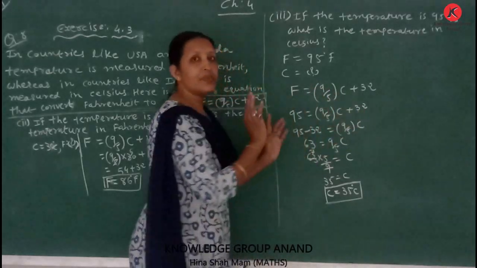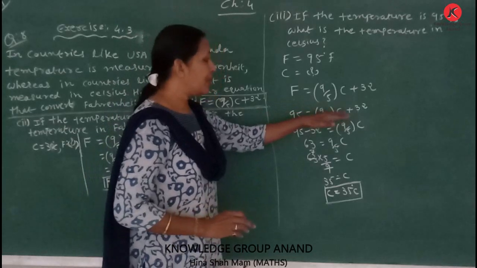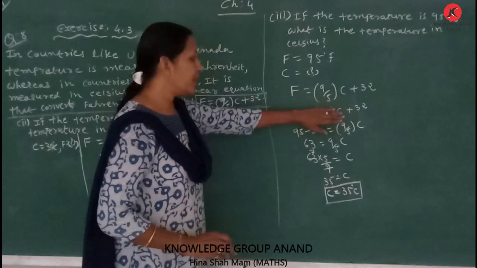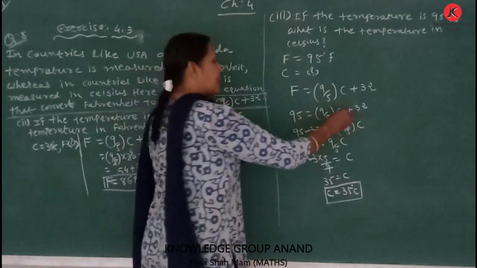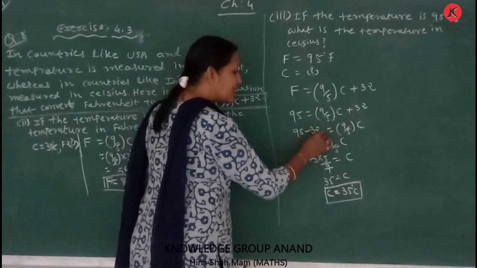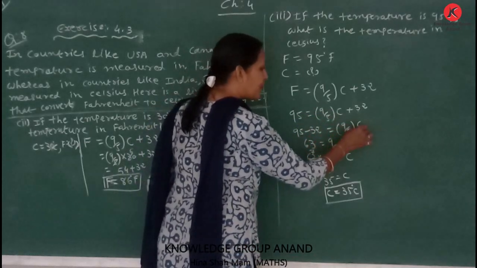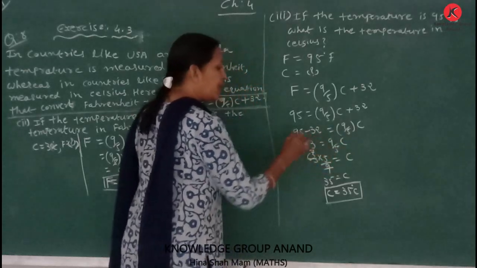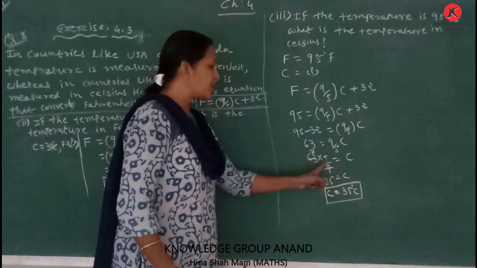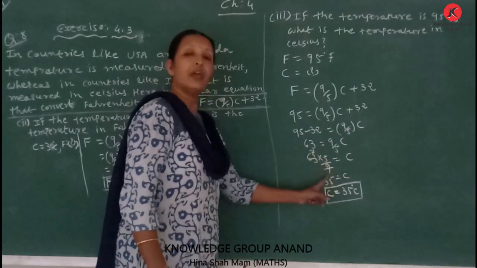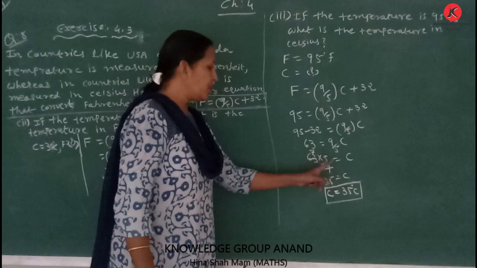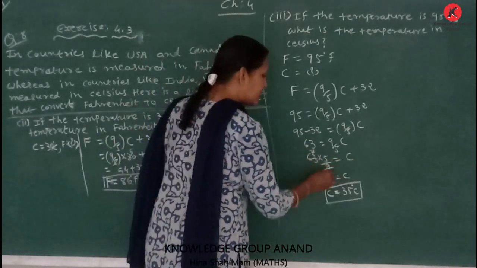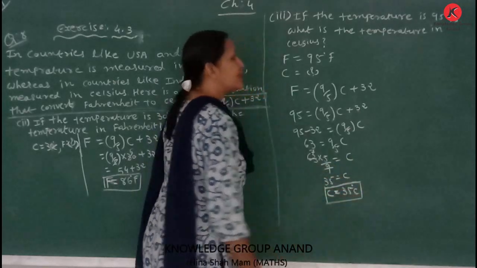We want the C term, so after subtraction, 95 minus 32 is equal to 9 by 5 C. Here 63 is equal to 9 by 5 C. The 5 goes to the other side as multiplication and the 9 as division: 63 times 5 upon 9 is equal to C. So C is equal to 35 degrees Celsius.